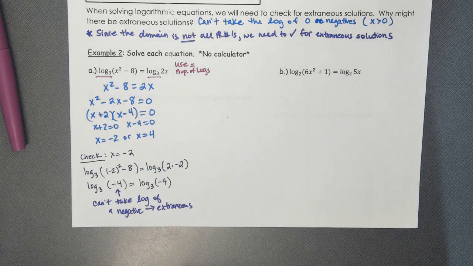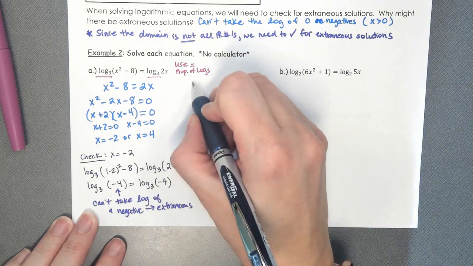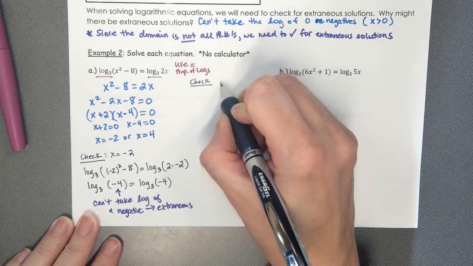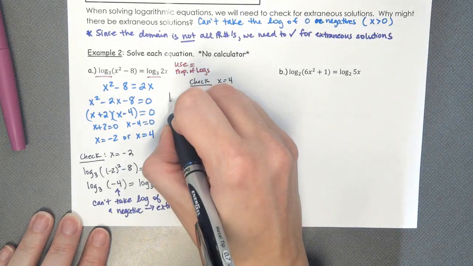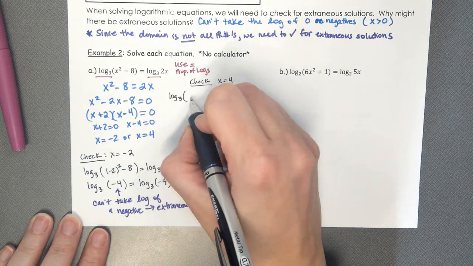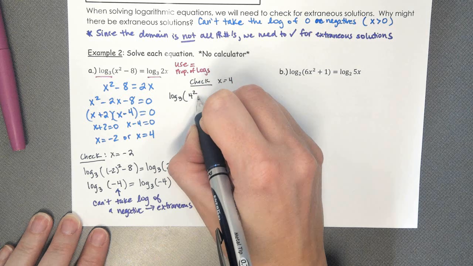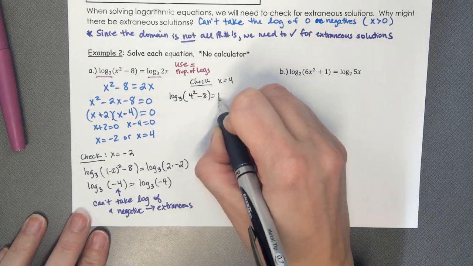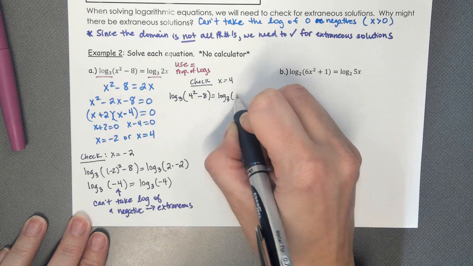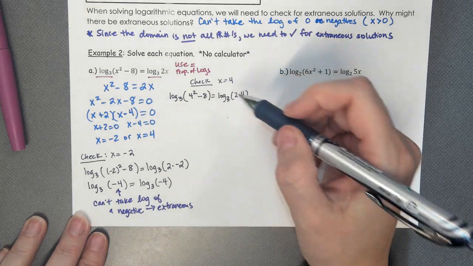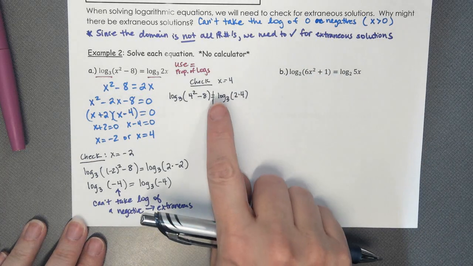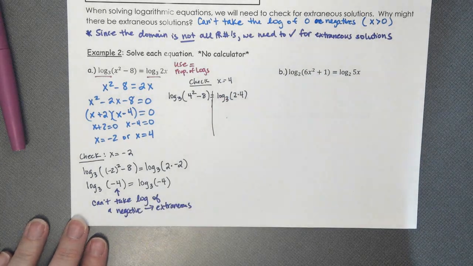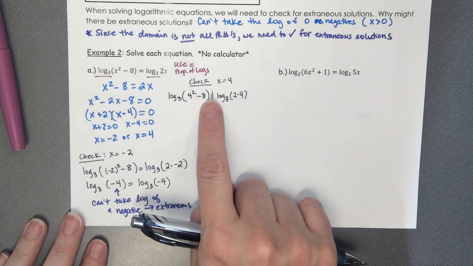Okay, we also have to check x equals 4. So we have log base 3. So again, do your plug-in step. That's your first step. And the reason why you can't go across the line is because if you do any operations on either side of the line, then that means you're assuming this is equal.